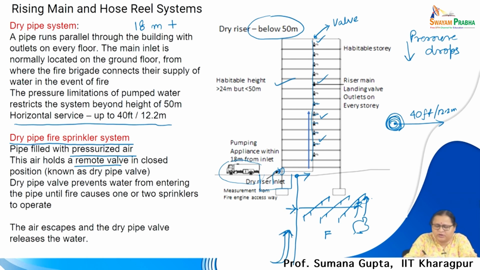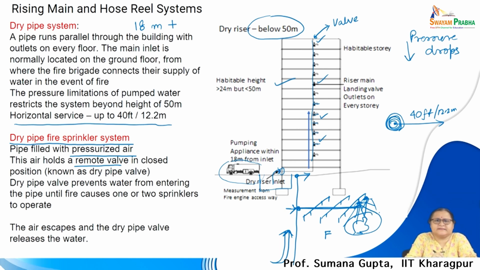The moment the water rushes in, it will take its course, because the openings are only at this point. The valve on this particular floor opens and it takes the water to the seat of the fire, and from there the sprinkler operates and the fire is tamed or controlled.